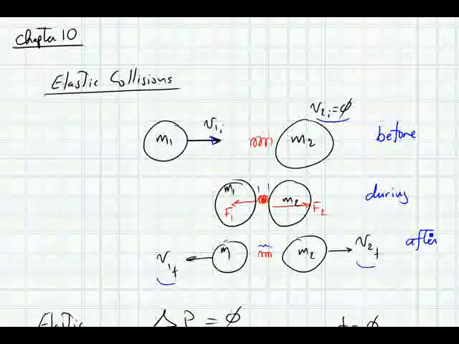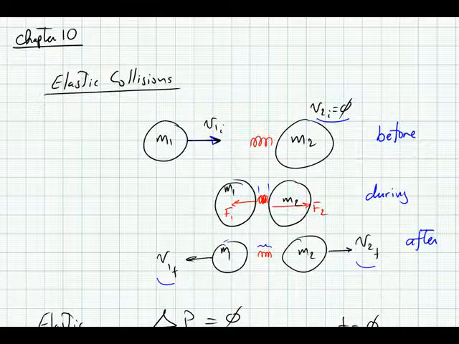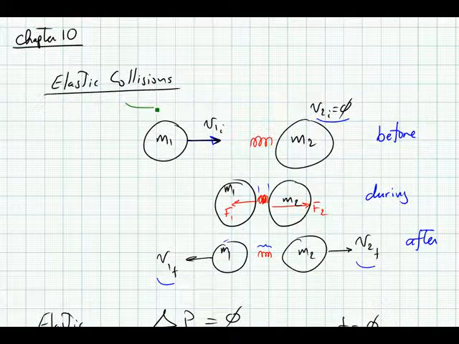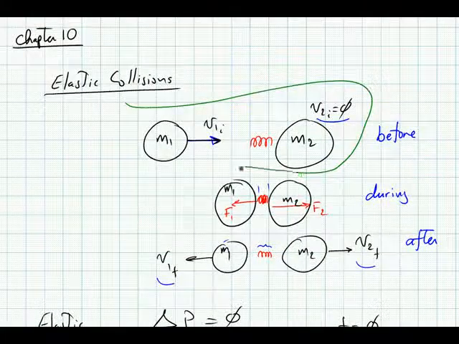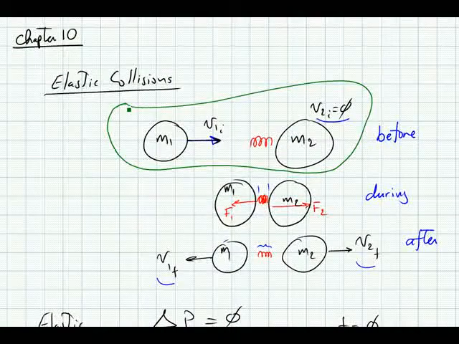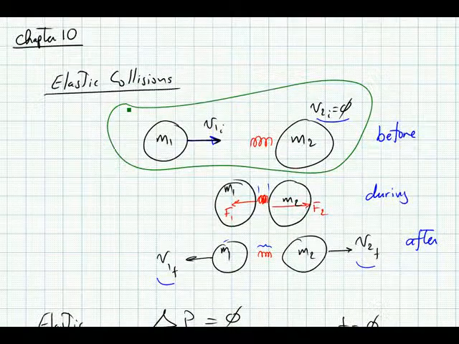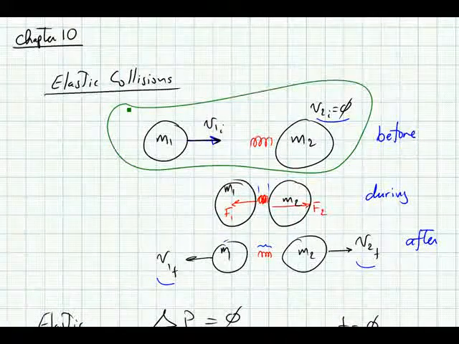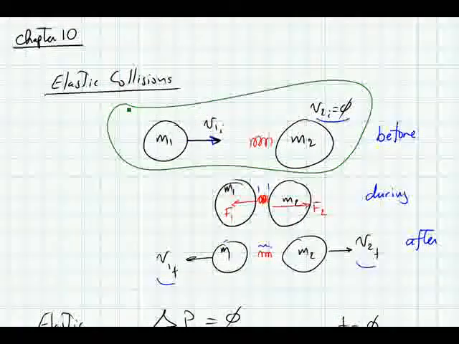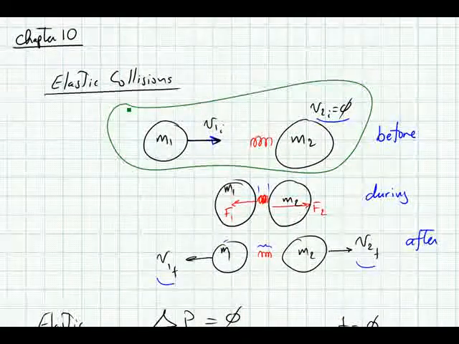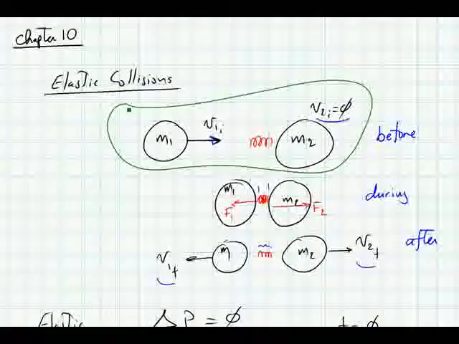Now if we define our system to include M1, M2 and the spring, then you see that there are no friction type forces involved.